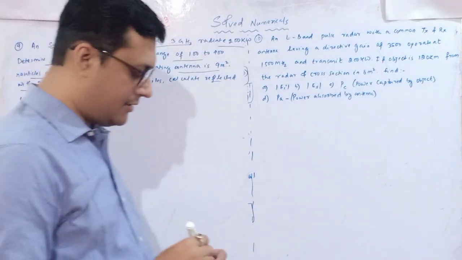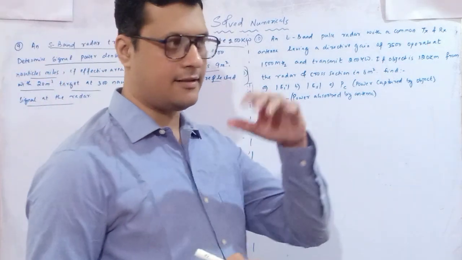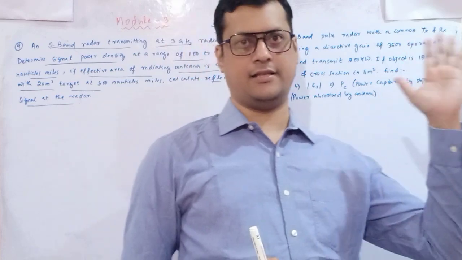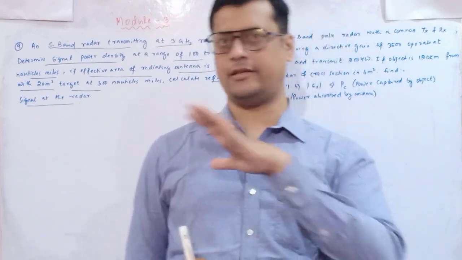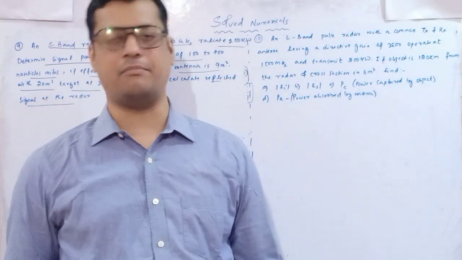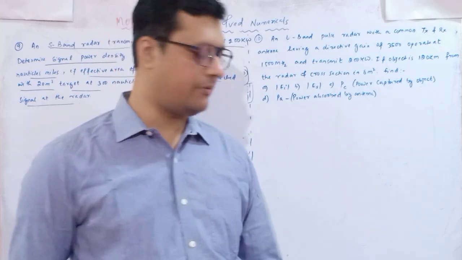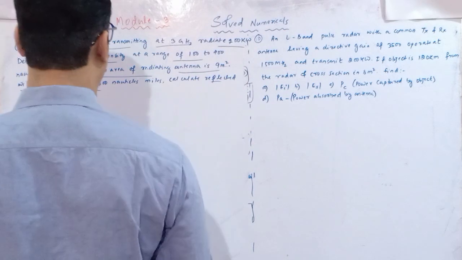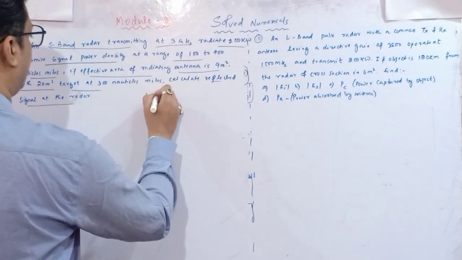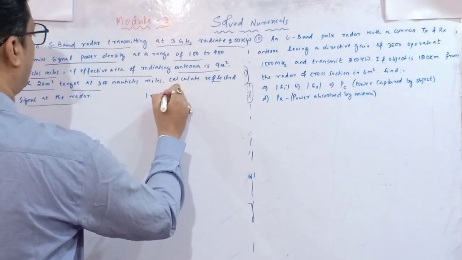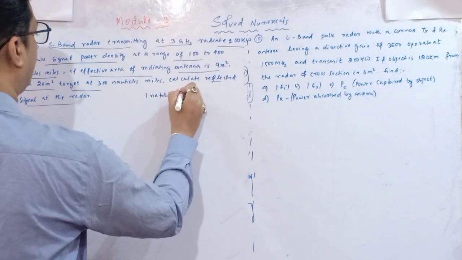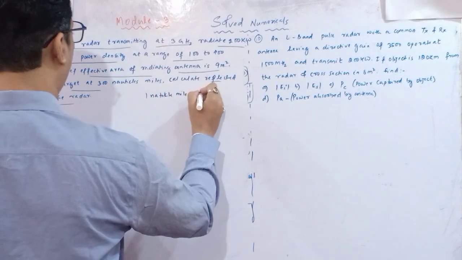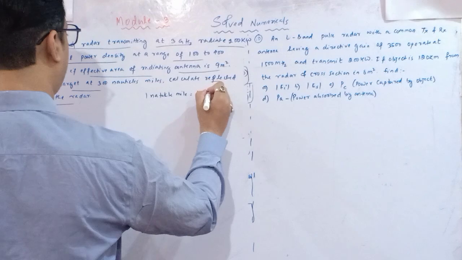Now the thing is, the radar is transmitting the signal as well as receiving the reflected signal. So here it is asked about the received signal power. Okay, so step by step we will solve this one. So first, this nautical mile. Here it is given 1 nautical mile is equal to 1852 meter.